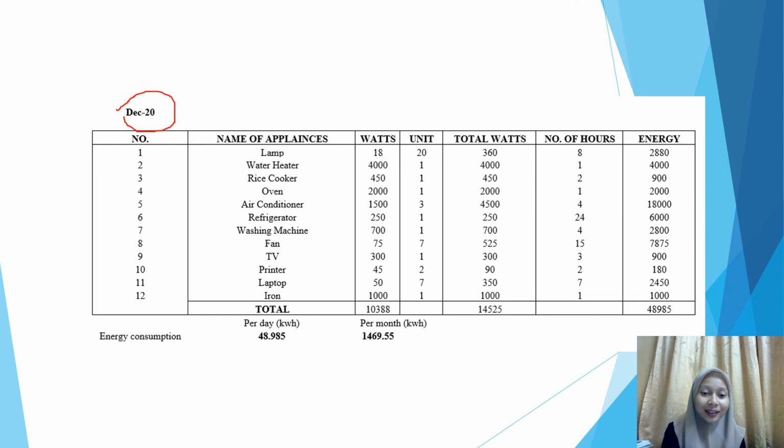To get the per day, just divide by 1,000, and we get 48.985 kilowatt hour per day.